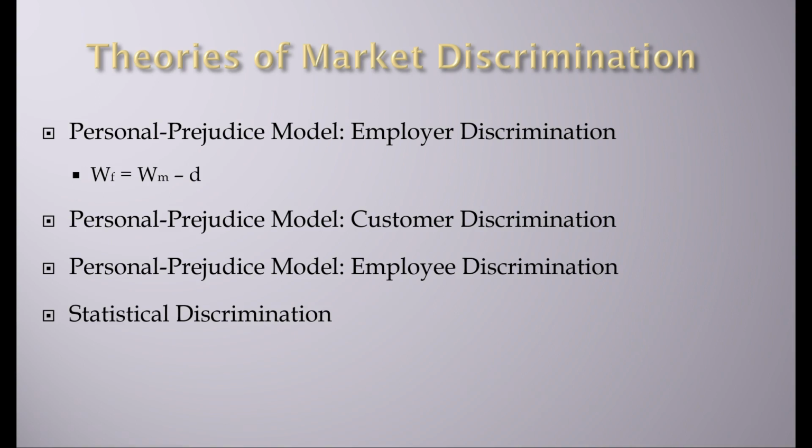Another type of market discrimination is statistical discrimination. Now, this type of discrimination is not based on the characteristics of an individual, but on the characteristics of the group as a whole. And so, for example, younger drivers, on average, are charged higher car insurance rates than older drivers.